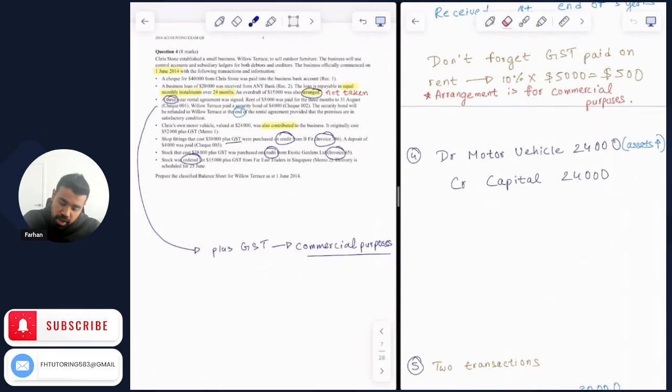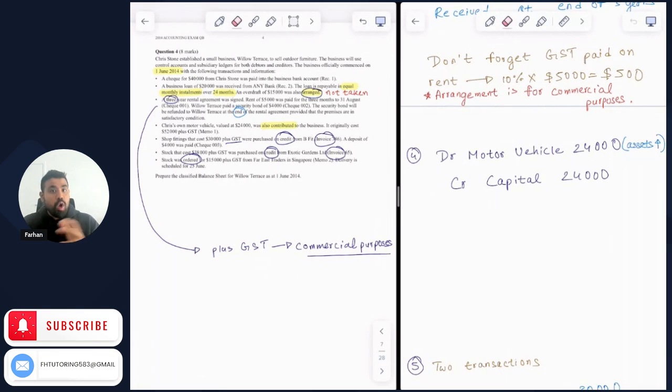Chris's own motor vehicle, valued at $24,000, was also contributed to the business. It originally cost $52,000 plus GST. All right. So when Chris purchased this motor vehicle for personal use in the past, Chris paid $52,000 excluding GST.